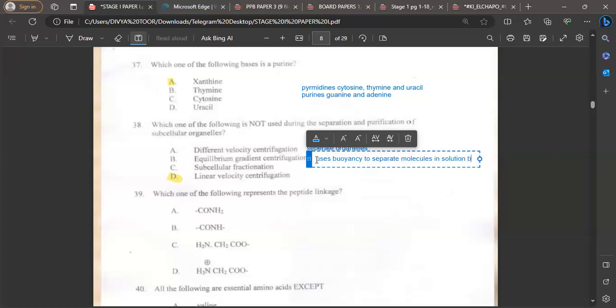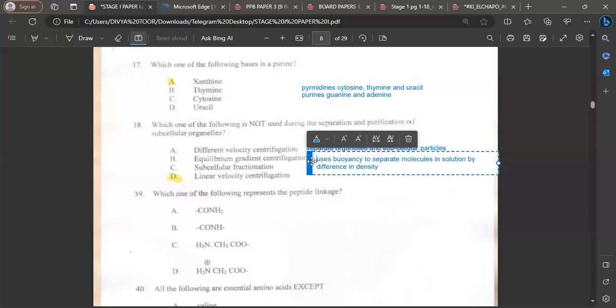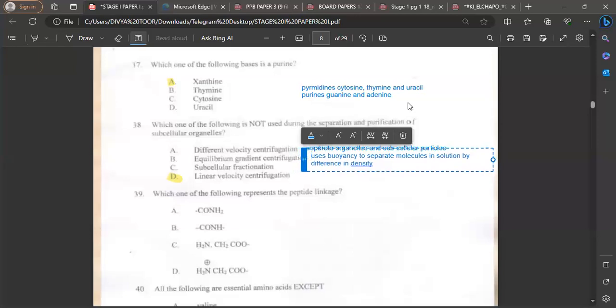But it hasn't indicated anything about subcellular organelles. The subcellular one was for the differential velocity one. So there is not much difference between differential velocity centrifugation and the subcellular one, right?